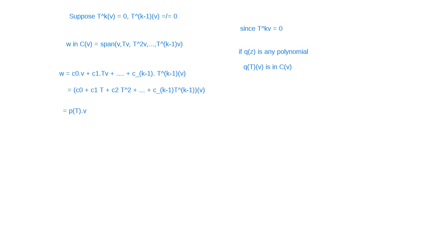So the cyclic subspace is what you get if you start with the vector v and allow yourself to apply polynomials, any polynomial in t, to v. Okay.